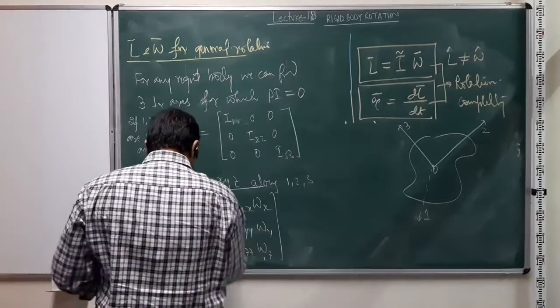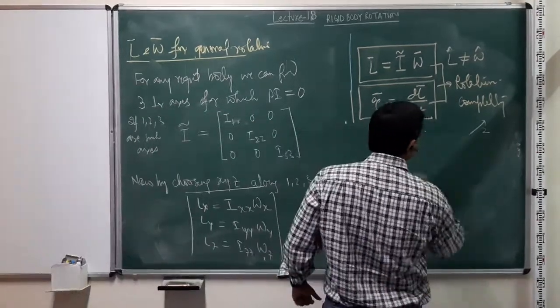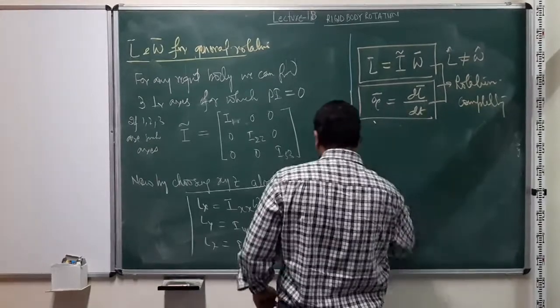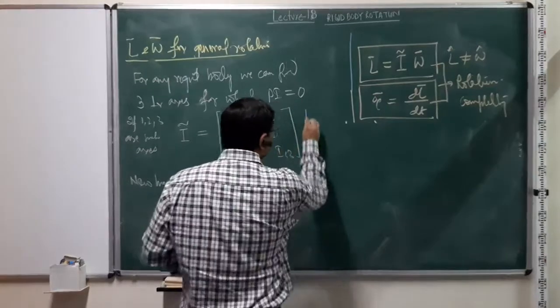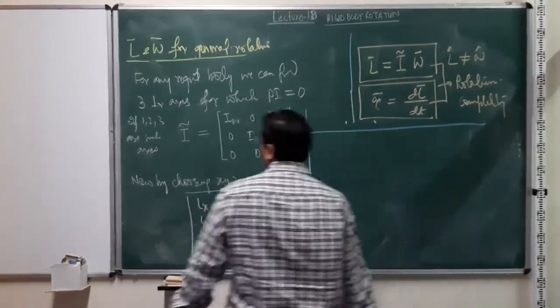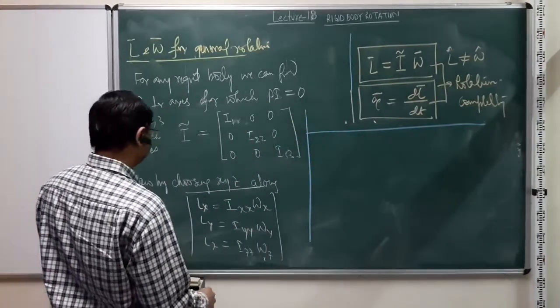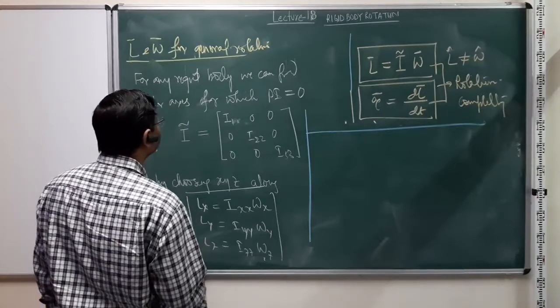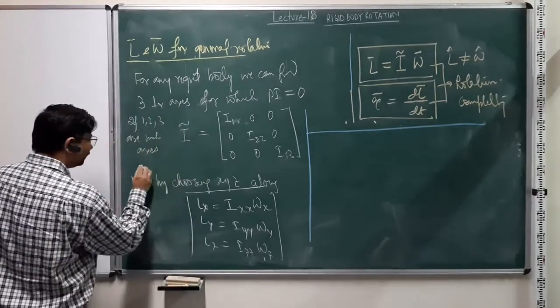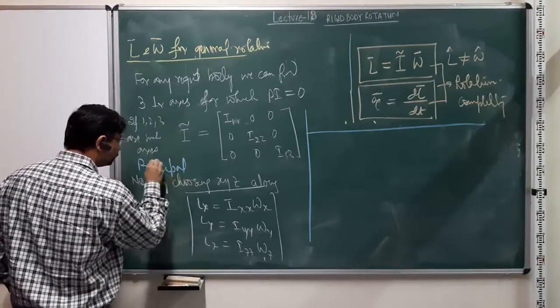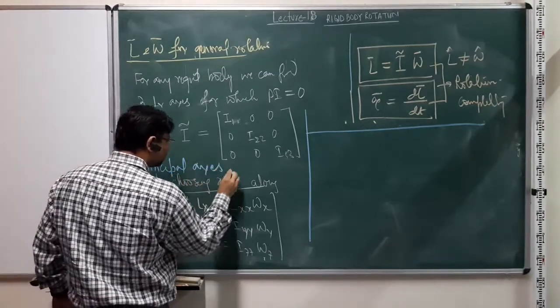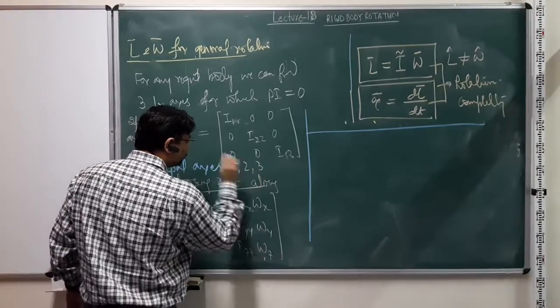Okay, so let me end by giving a hint about these principal axes. You might have some idea by now of what this principal axis could be. So these will be called principal axes 1, 2, 3.